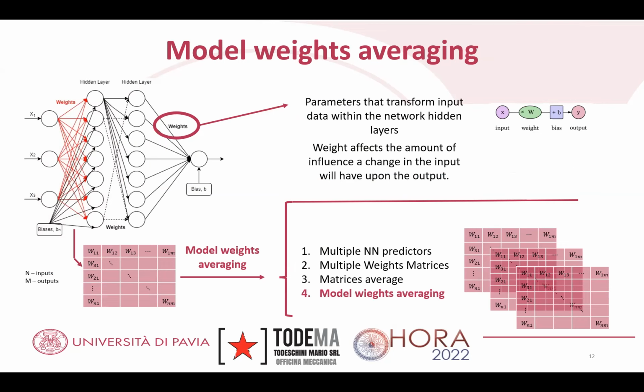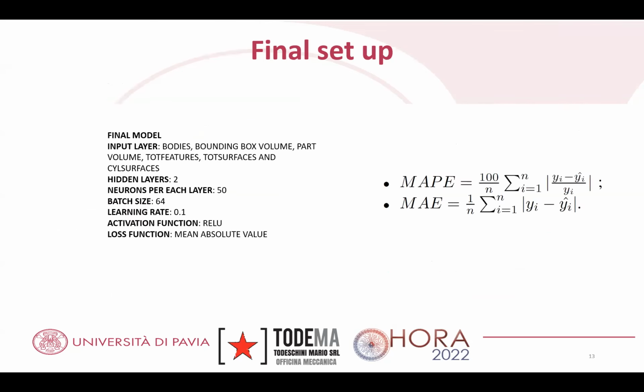Specifically, we tested three different model weights averaging: the weighted average, a linear, and an exponential decreasing weighted average. So, given the objective that we had, that was defining an approach for a smart way of cost estimation, we tested all these three model ensemble methods that I just presented.